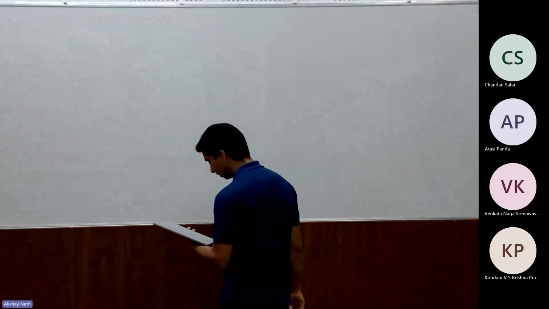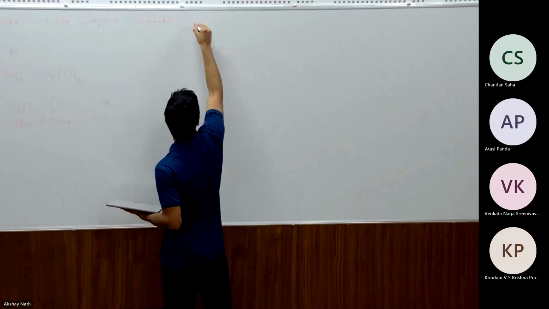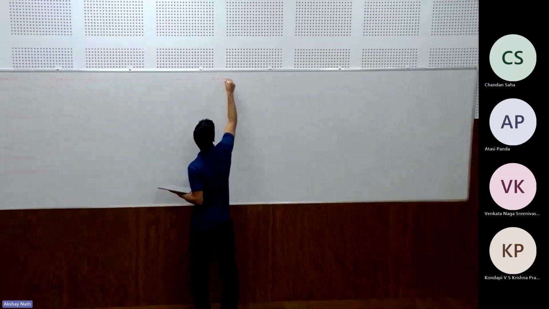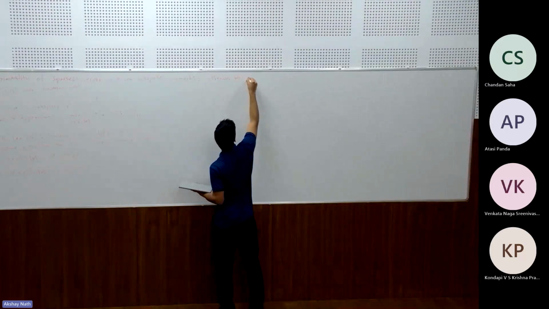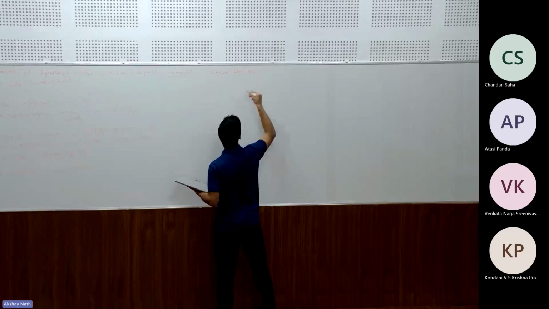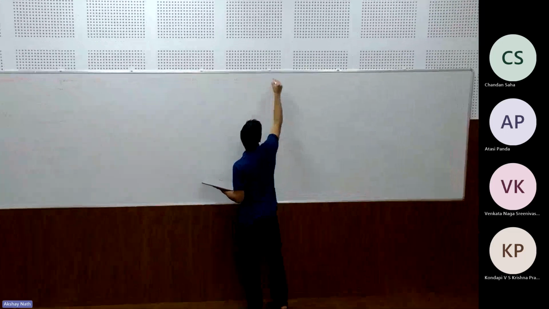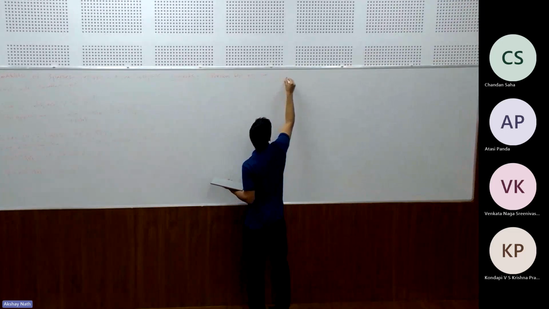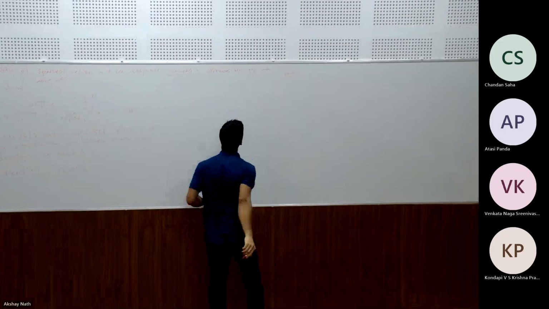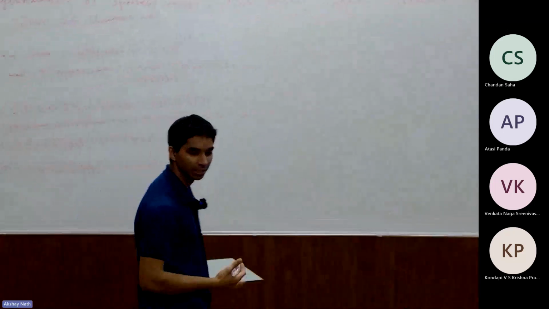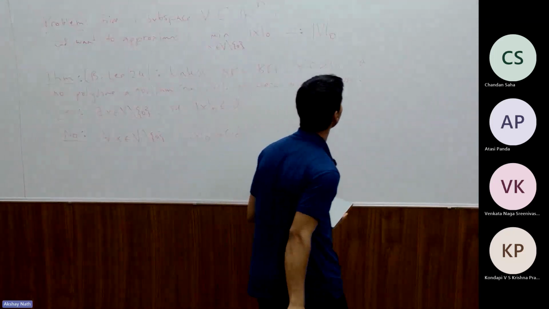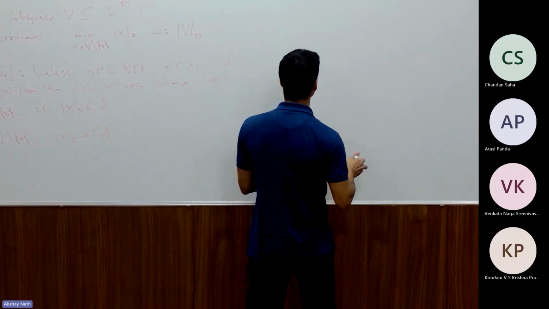Some remarks. I believe the previous best gap known for this problem was 1 plus 1 over poly n. Pretty much exact NP-hardness was known, and not much was known beyond that to my knowledge.